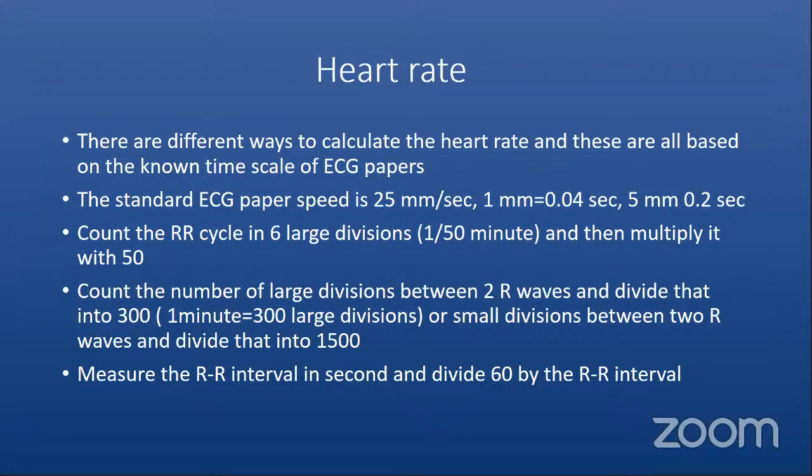So if you divide 1500 by 5, you get a rate of 300. Similarly, if the two R waves are two boxes apart, you divide by 10, which gives a rate of 150. Or you can measure the RR interval in seconds, and then divide 60 by the RR interval.